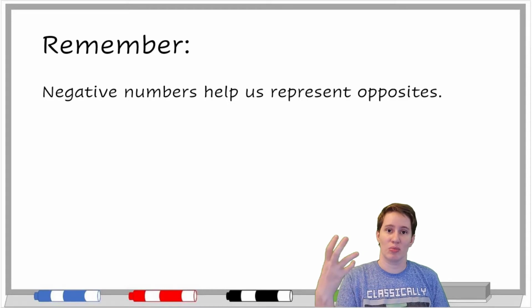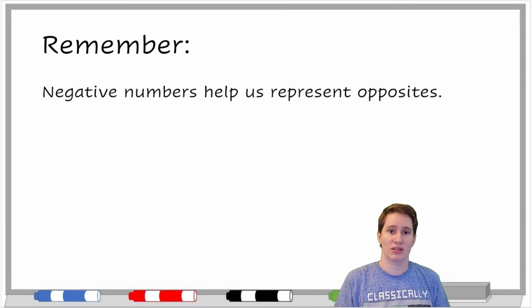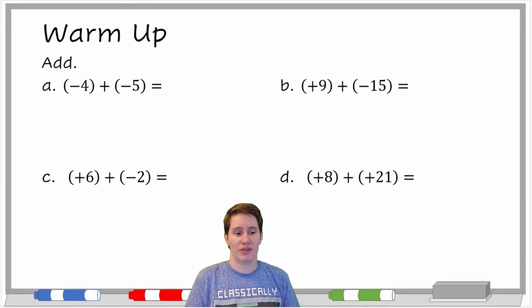So as we remember, how do I add positives and negatives together, we need to think about the fact that they're opposites and they're going to counteract each other. So this warm-up that I have here is adding positives and negatives, and so if you did the last lesson with me and did homework and things like that, then hopefully you know exactly how to do these problems. That being said, I'm going to walk you through them to remind you of our thought process.